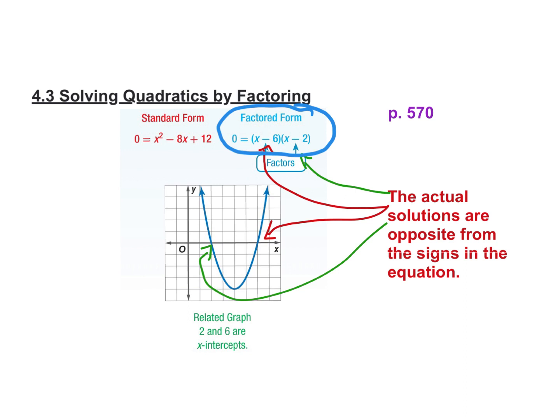Now, we can go the other way. So what I mean by that is, here I had an equation, and we found the solutions. If I give you the solutions, I'm going to write the equation like this, right? It's saying I'm multiplying one thing by another thing, and my answer is what?